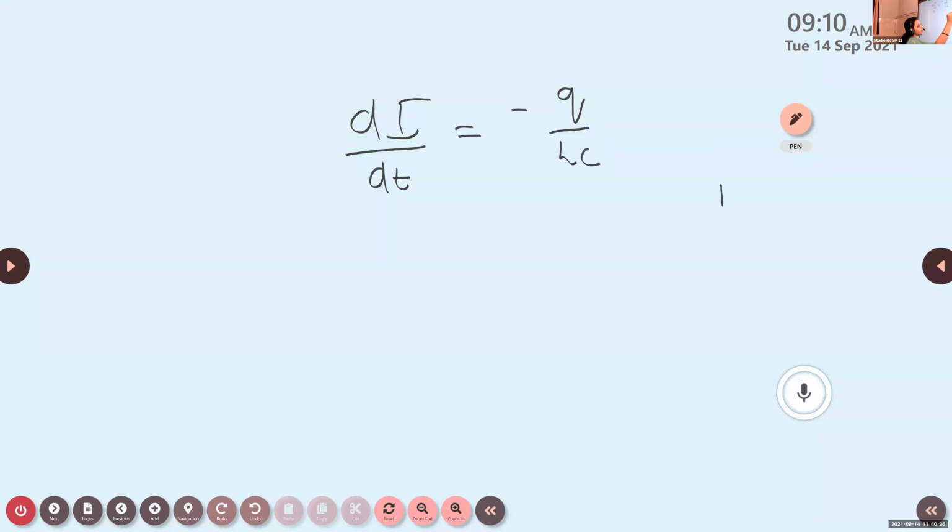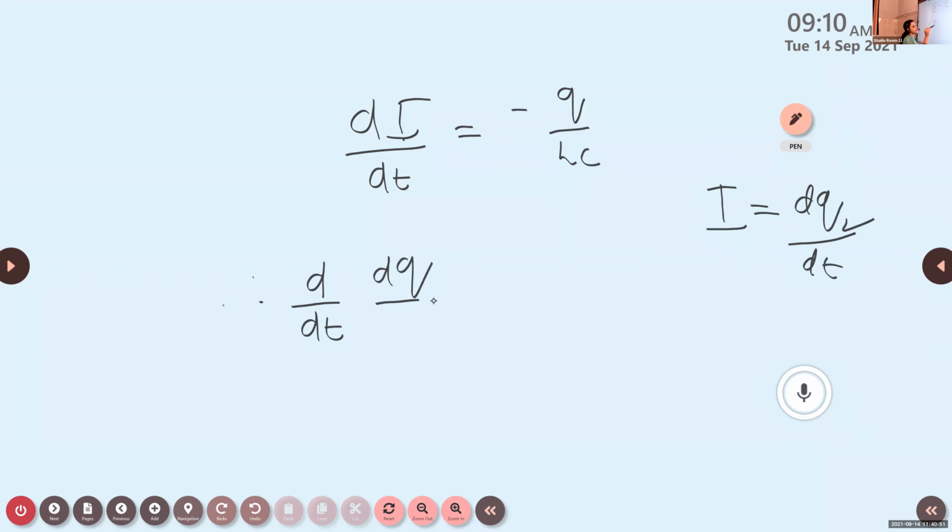But we know that I is the rate of flow of charge, dq divided by dt. Therefore, we can write d by dt of I, where I is dq by dt: d by dt of dq by dt is equal to minus q by LC. d by dt of dq by dt means d square q divided by dt square.